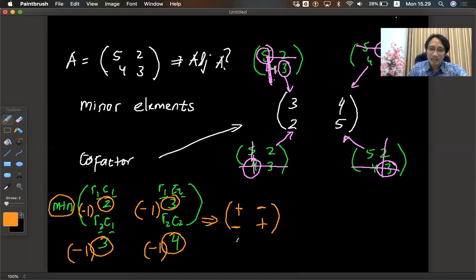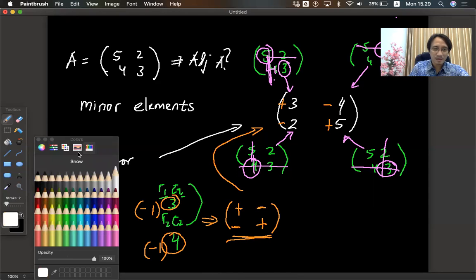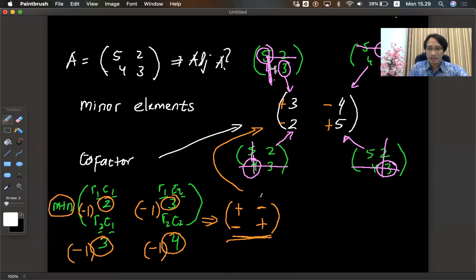Then put this resulting sign in this minor. So the cofactor, put it here: plus, minus, minus, plus. Here you go, this is the cofactor.